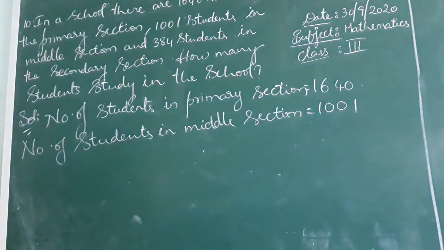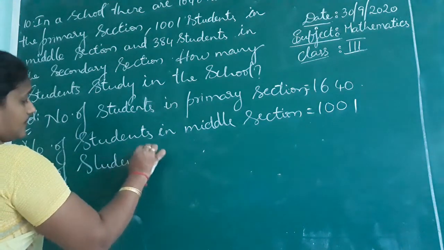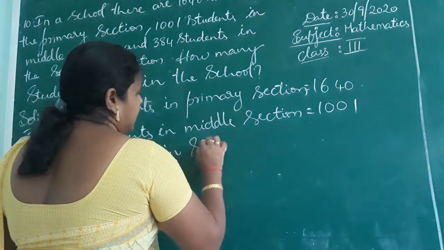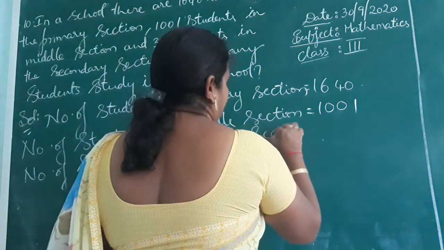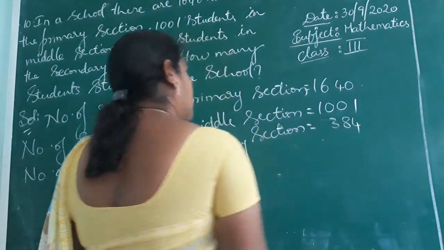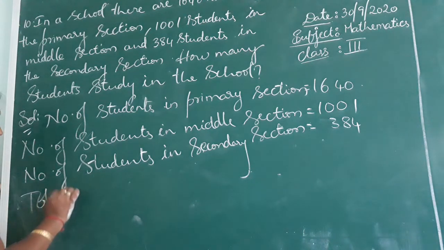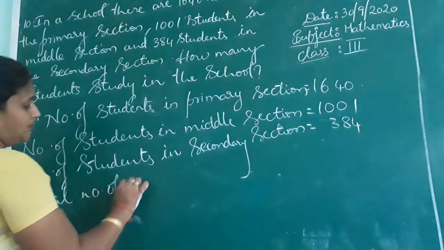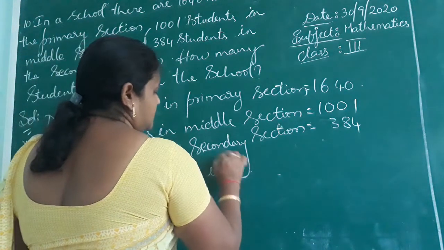Third one, number of students in the secondary section. The question is how many students study in the school? That means the total number of students in the school.